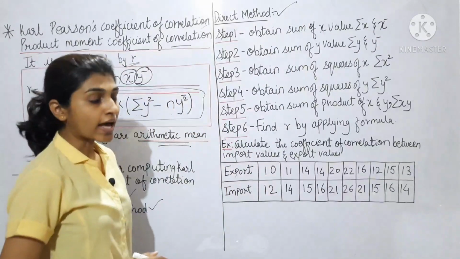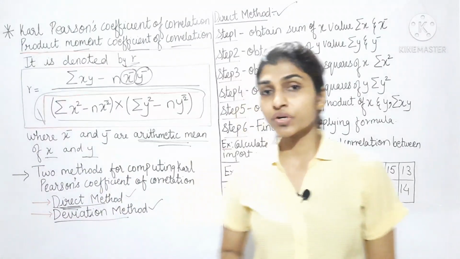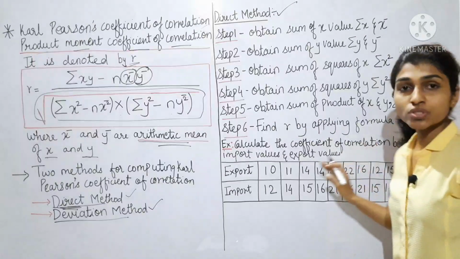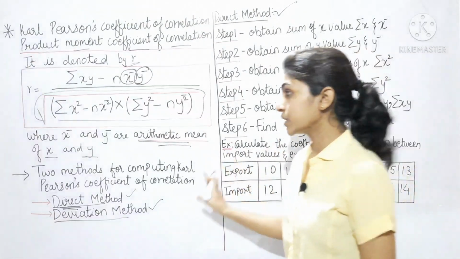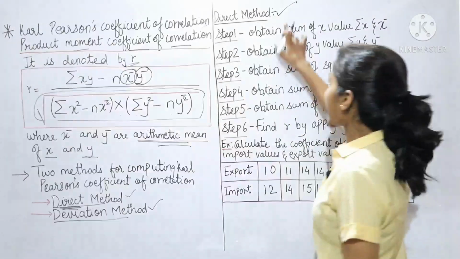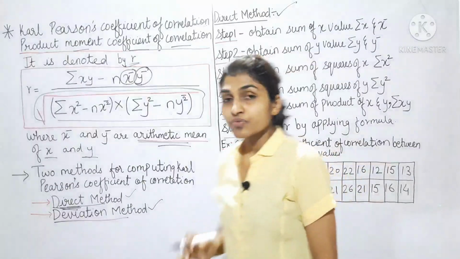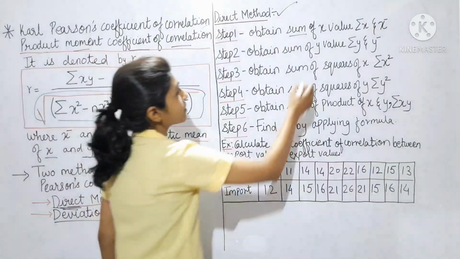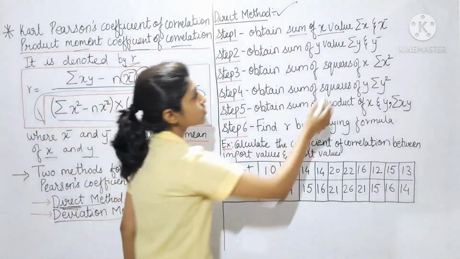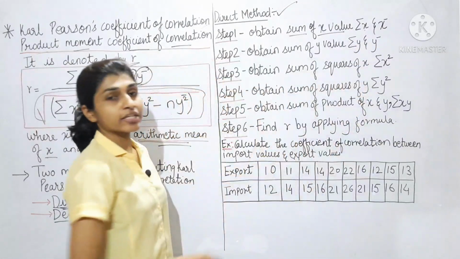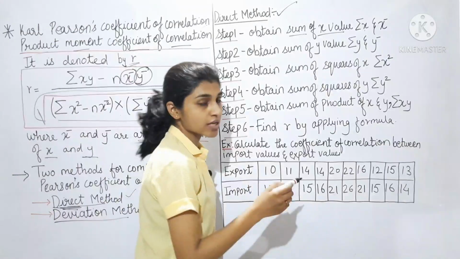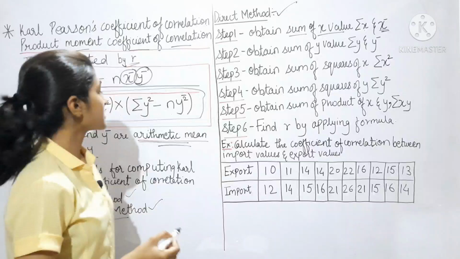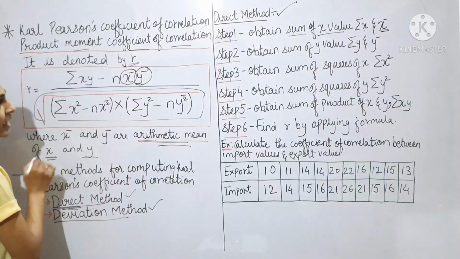To find the Karl Pearson coefficient of correlation by the direct method, there are 6 steps we are going to use for finding the correlation between the two variables. In the direct method, the first step is to find the sum of the x values, that is the total of x, and once we find the summation of x, we can find x bar, which is nothing but the arithmetic mean of x.